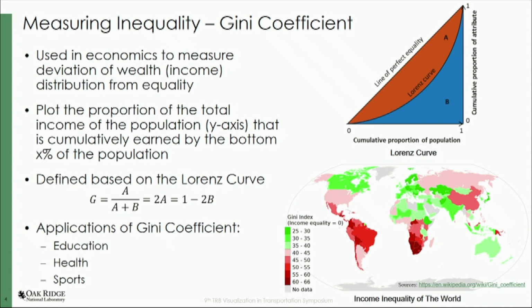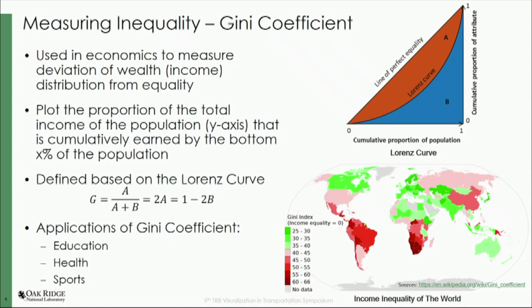So to calculate the Gini index, it's basically calculating the area of the orange area divided by the total triangle. So A plus B is at the bottom, and A is at the top. With perfect equality, you will have A equal to 0.